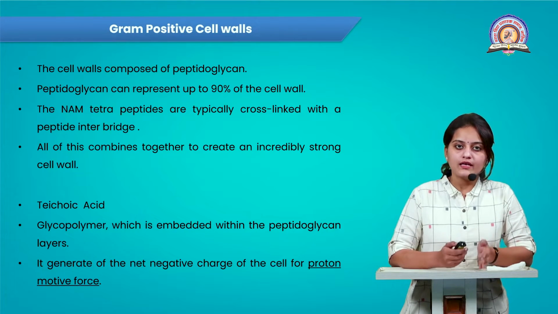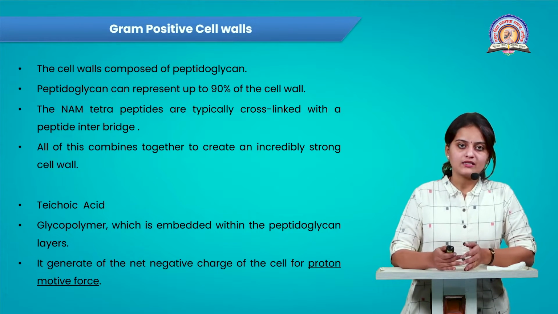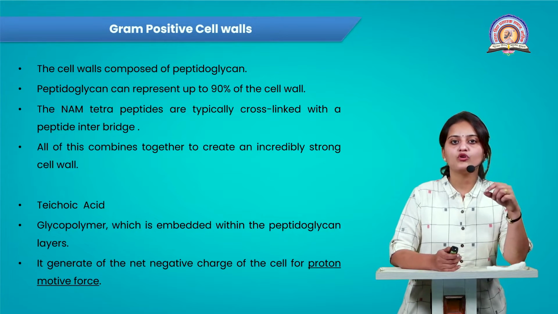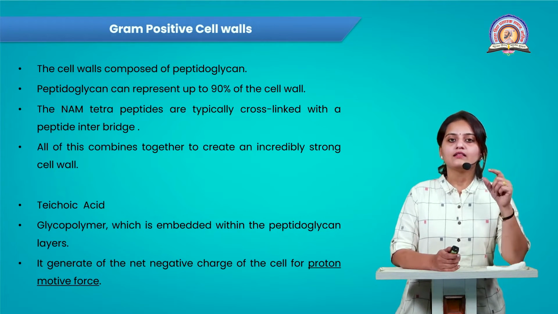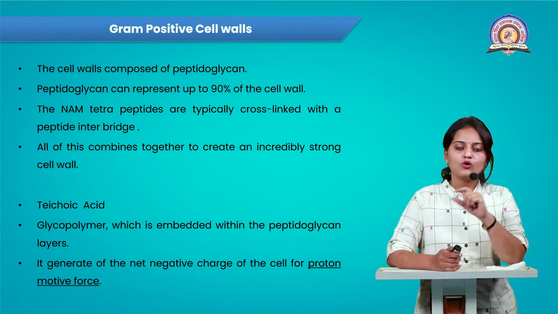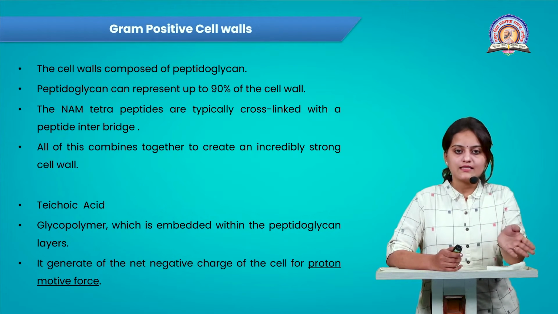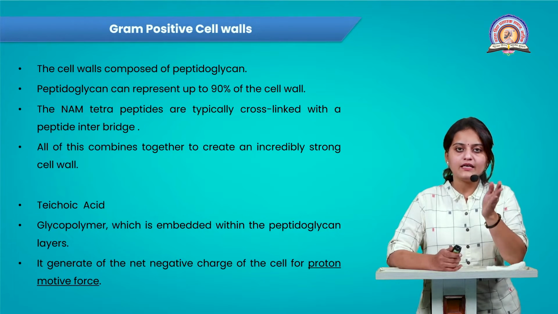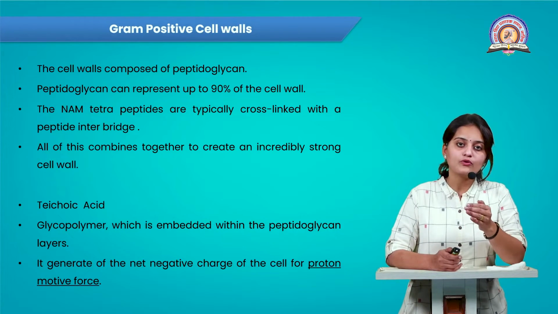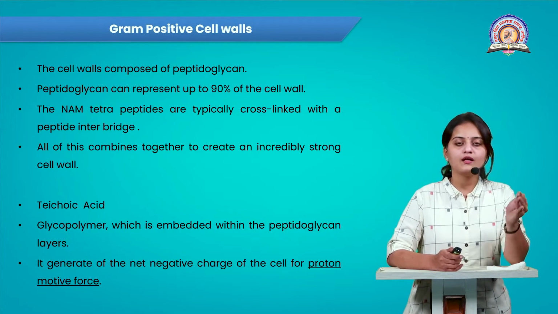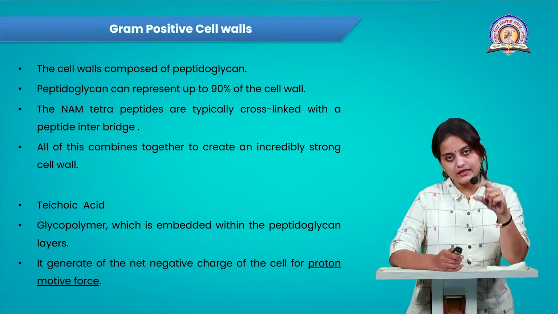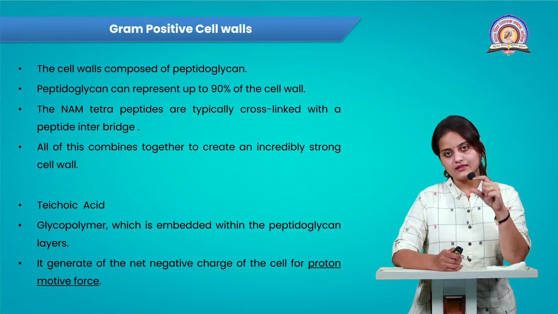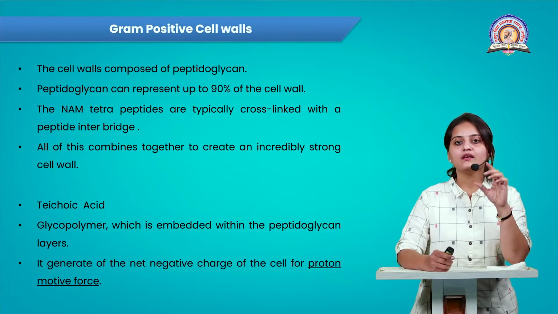In general, gram-positive bacteria contain a very high amount of peptidoglycan, and because of that, they have a thick layer of peptidoglycan or murein on their cell surface. Almost 90% of the cell wall of gram-positive bacteria is contributed by peptidoglycan. It means their linkages are very thick. Their mesh is very thick.